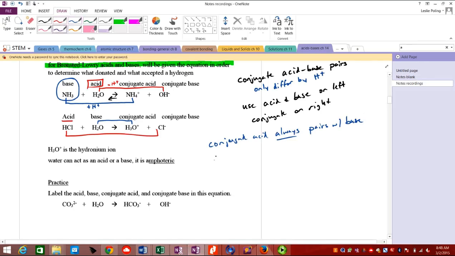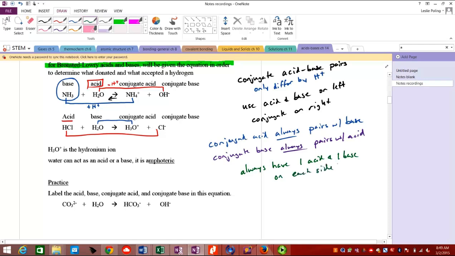So conjugate base always pairs with acid. You always have one acid and one base on each side. So once you've gotten one, it's pretty easy to figure out the other.